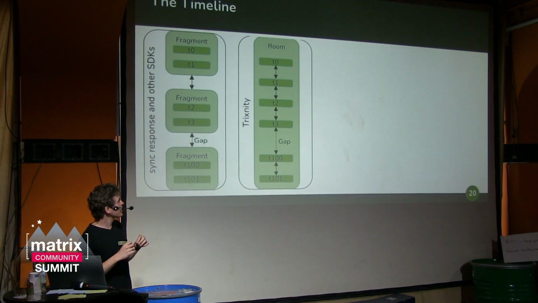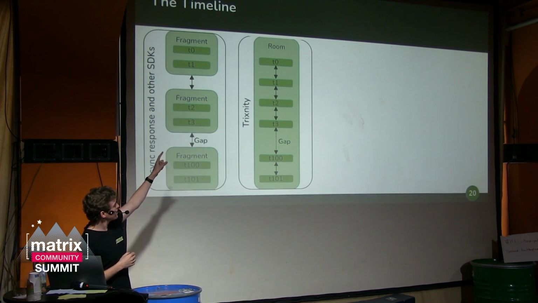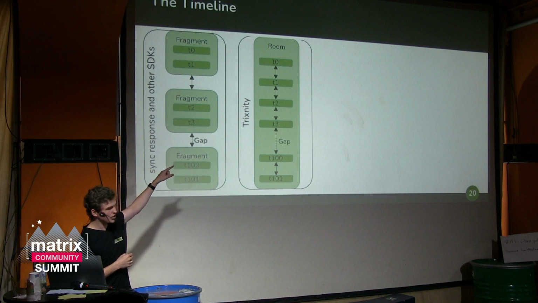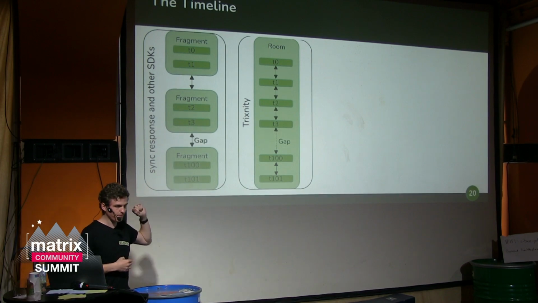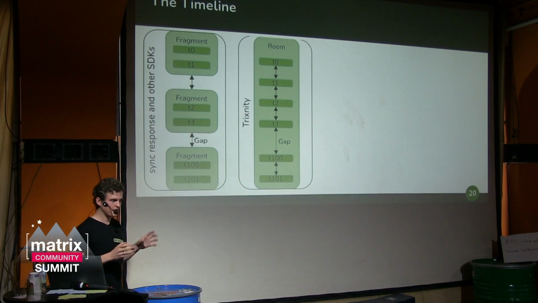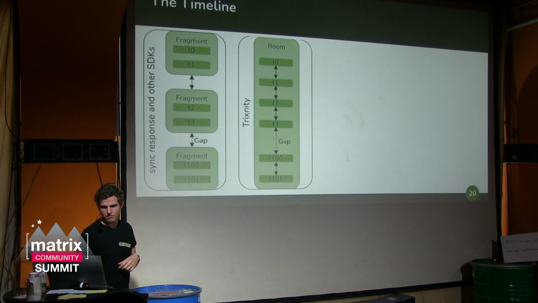So if you get the flow of the timeline of a room, you get T0, T1, T2, T3, and so on. And gaps are filled on the fly. So you don't have to worry about needing to fetch. This is done by the flow under the hood and lazily. So only if you request the next event of the flow, then a database call or a cache call or a request to the server is done.